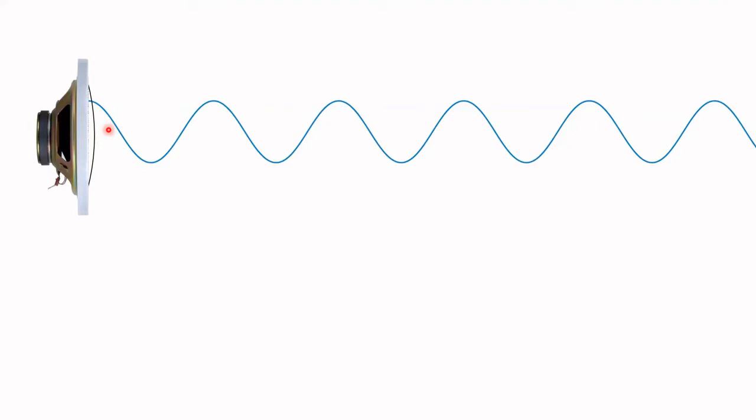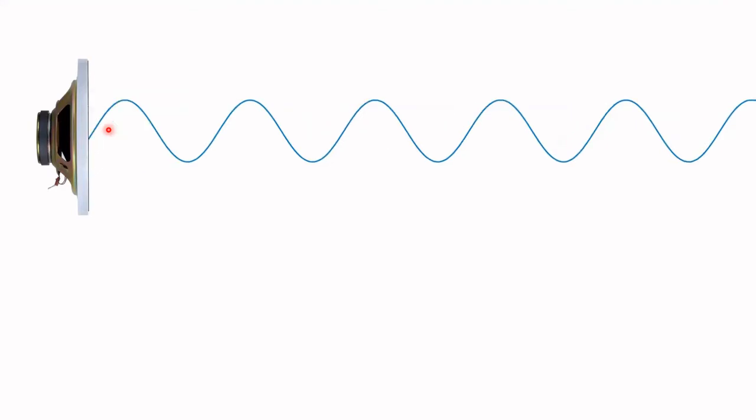Okay, a moment later, to be specific, 1/4 period later, the speaker cone is now flat and it's about to move backwards. So the fact that the height of this sine curve here is 0 matches the fact that the speaker cone or membrane is neither forward nor backward.